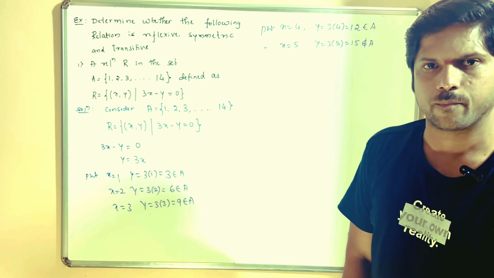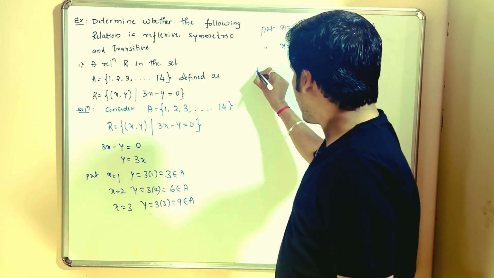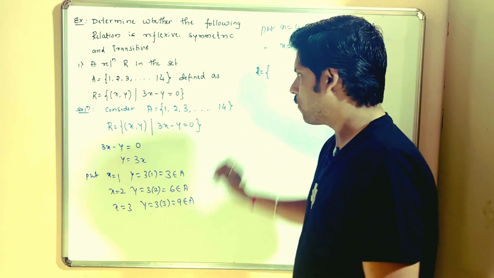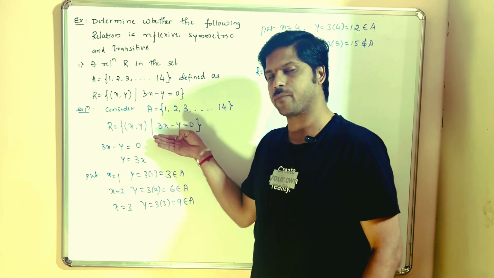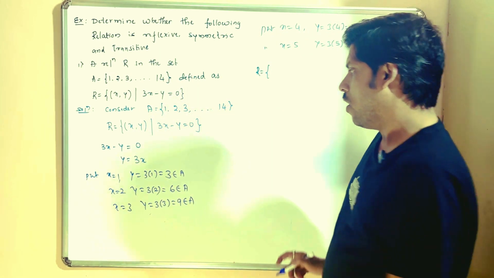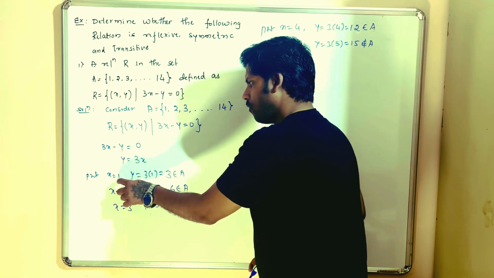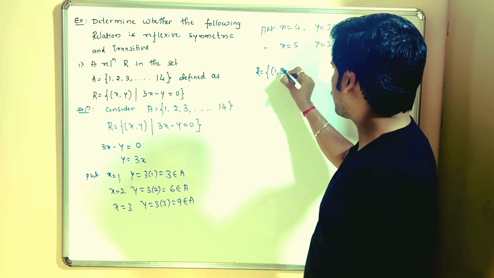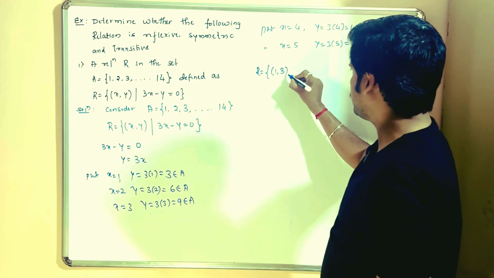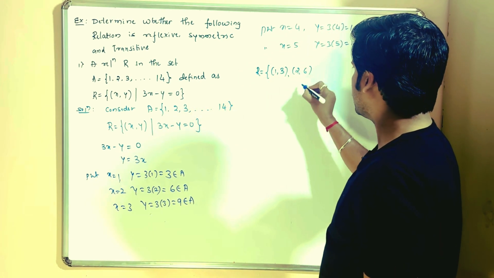So now stop it. Now we will consider the ordered pairs of the relation. First we are going to construct the ordered pairs of the relation, because it is an equation. So what are the ordered pairs? When x equal to 1, y value is 3. Similarly when x equal to 2, y value is 6.